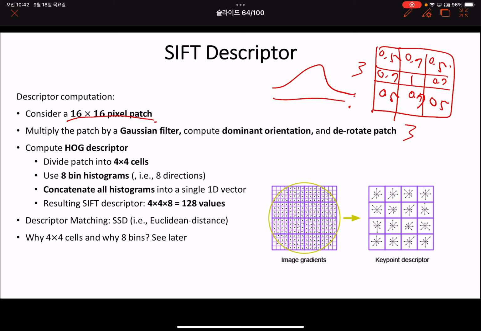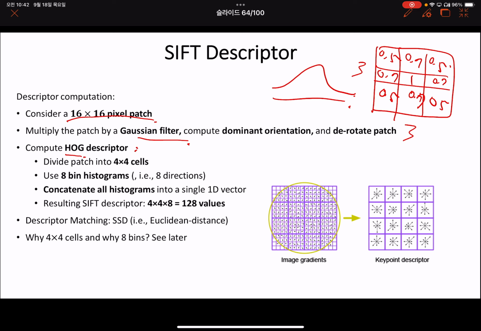And then we apply the Gaussian filter, compute the dominant orientation and de-rotate the patch. And we compute the HOG descriptor. We learned the HOG descriptor in the previous class, right? It's kind of computing some gradient in pixel space. HOG means histogram of gradient. So that means we need to compute some gradient, right?